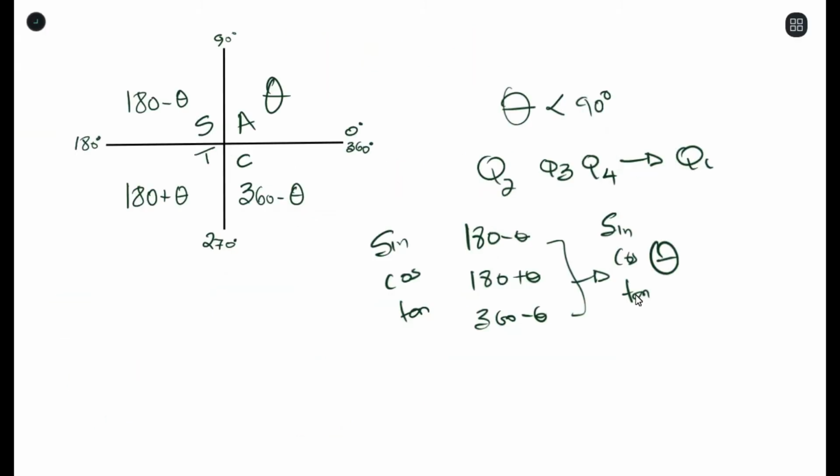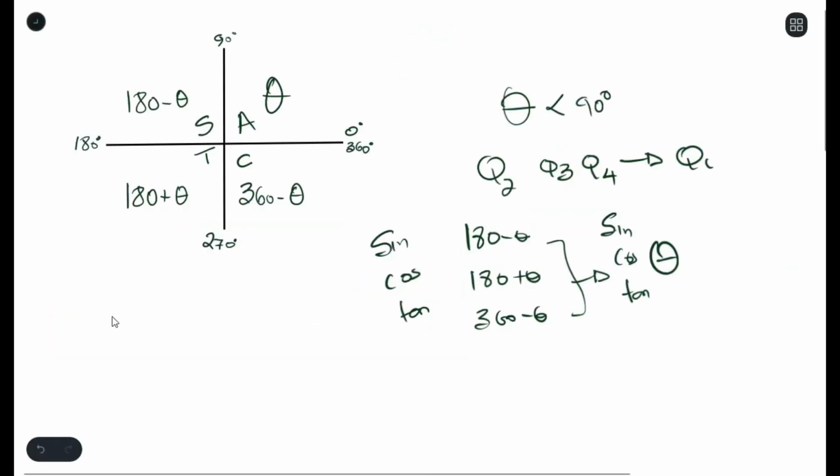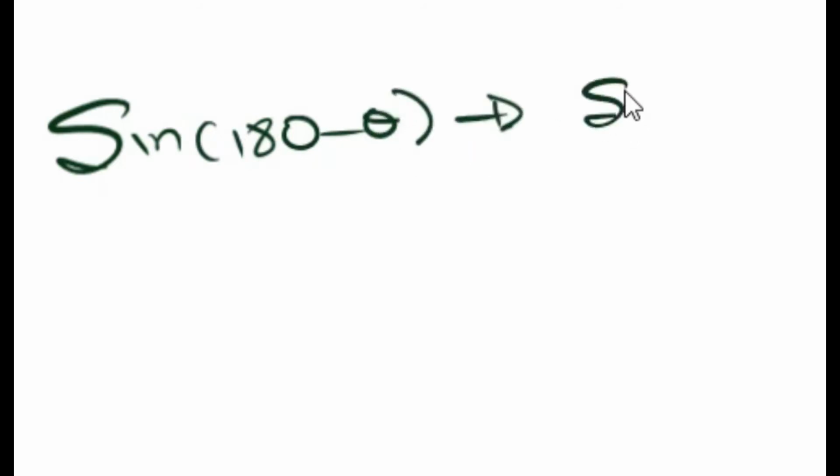To change from the other quadrants into the first, we understand the trig ratio itself wouldn't change. However, the sign of the trig ratio could. What I mean by that is, whenever I'm changing from the second quadrant into the first quadrant, since the second quadrant sign is positive, if I substitute sine 180 minus theta, it automatically changes into sine theta.